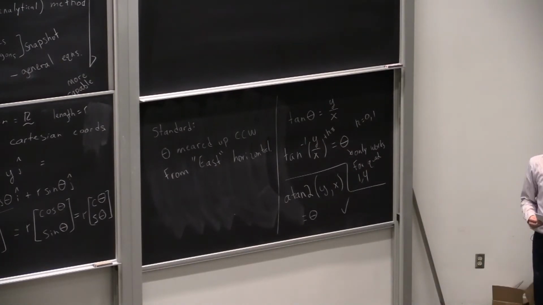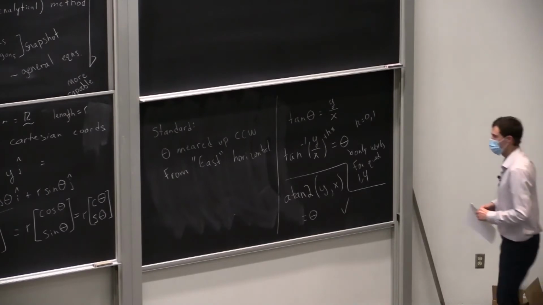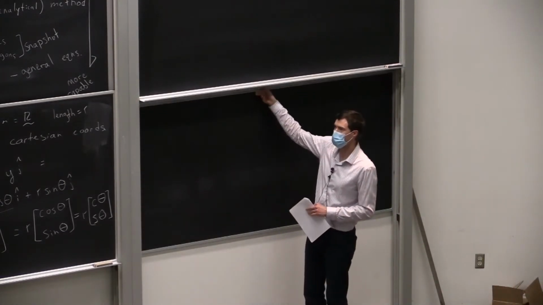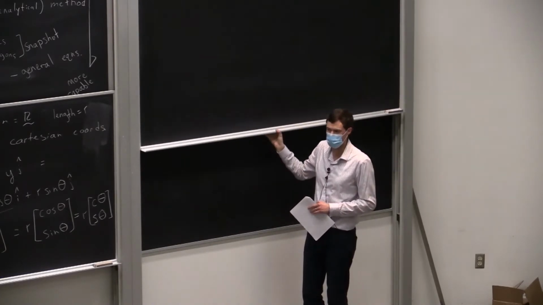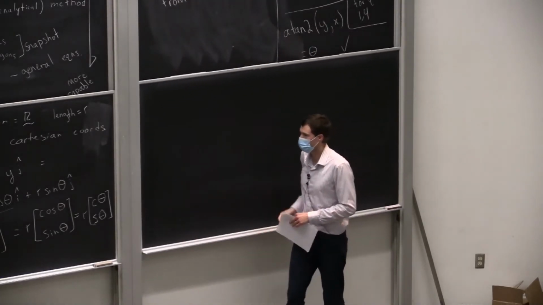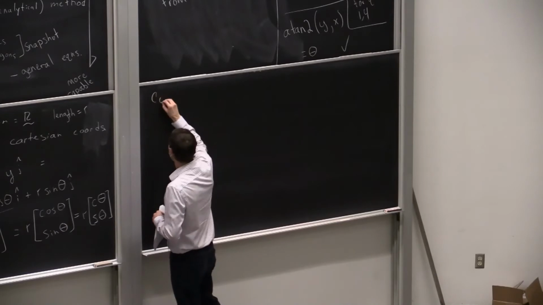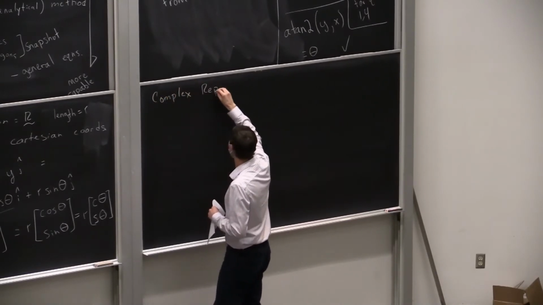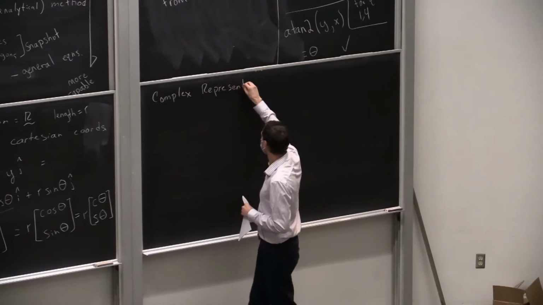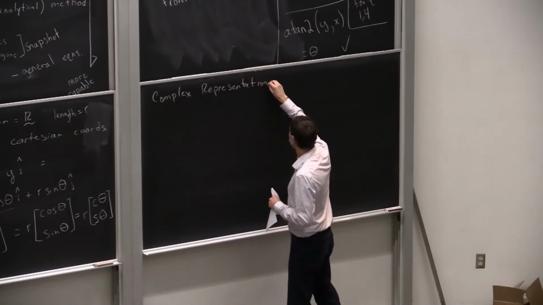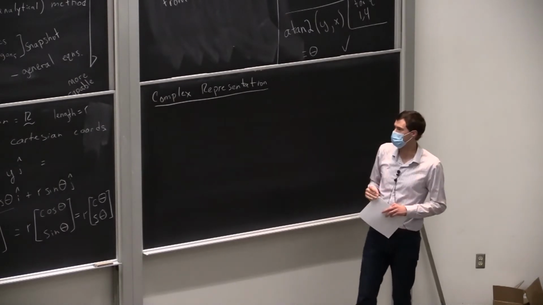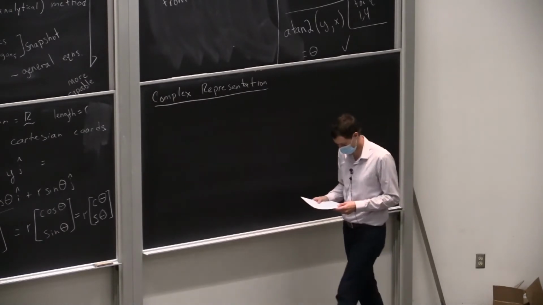This is our basic setup. The last thing that I'll mention is that the textbook sometimes uses an alternate notation. If you're looking at the text, they represent vectors using complex numbers, like imaginary numbers.